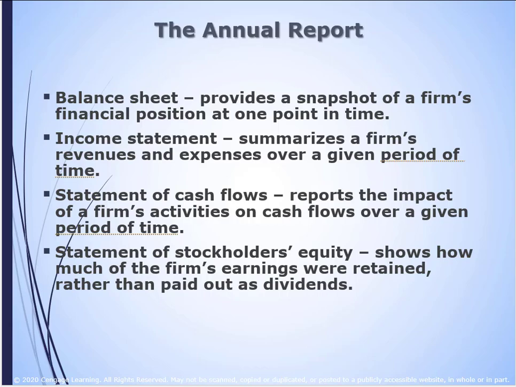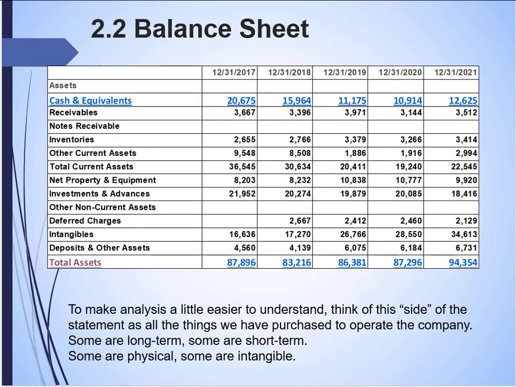Depending on how the company wants to display this information, in an annual report there is a separate statement that goes into some very good detail about all of these distributions. So let's look at the statements.